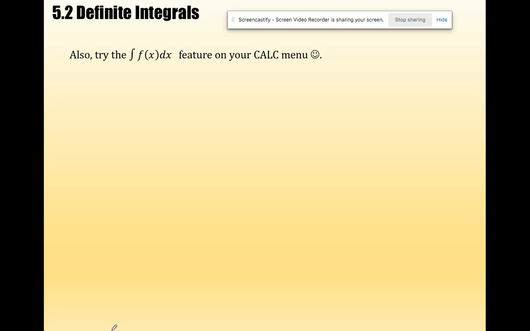Scroll down and look at choice 7. What do you see there? Pretty cool. Hit enter. What does it ask you for?